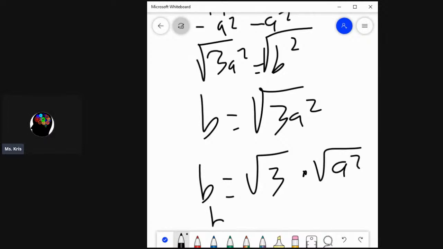And of course, B equals A square root of 3. And all you have to do in order to find your lengths is equal them to their definitions.